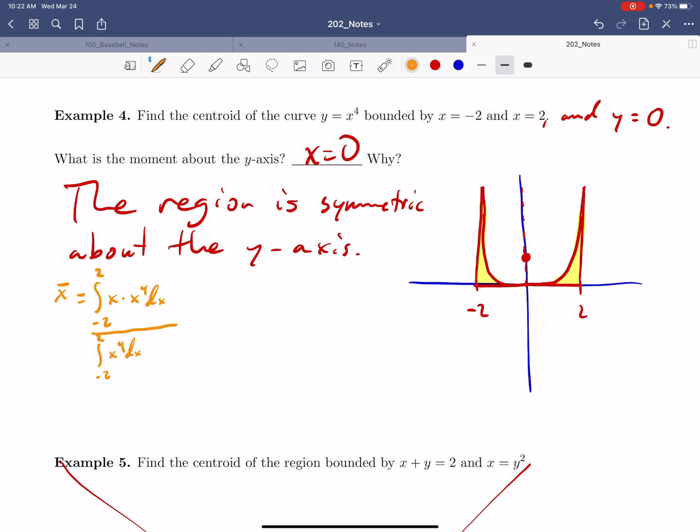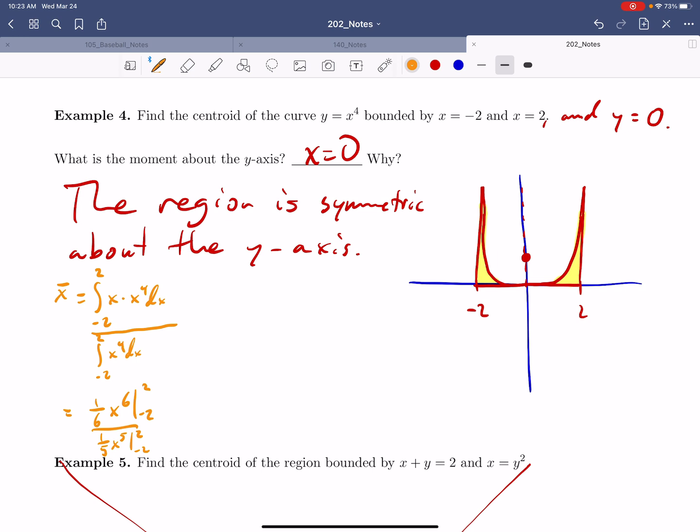When we do that out, we're going to get 1/6 x to the 6th, divided by the mass, from negative 2 to 2.